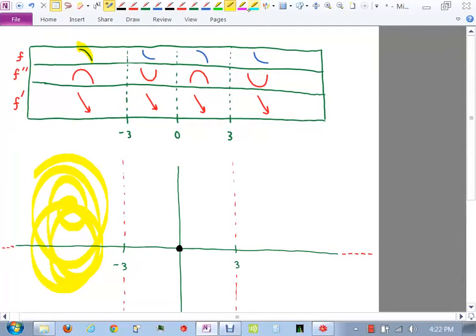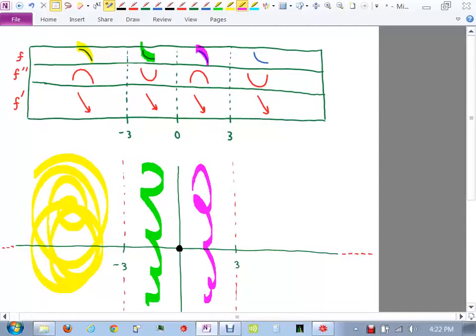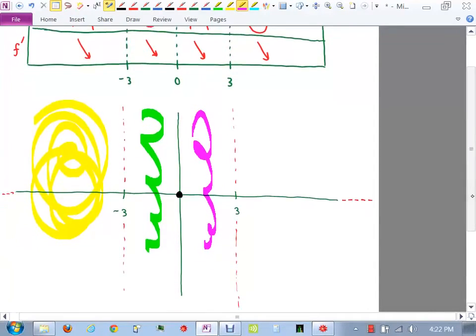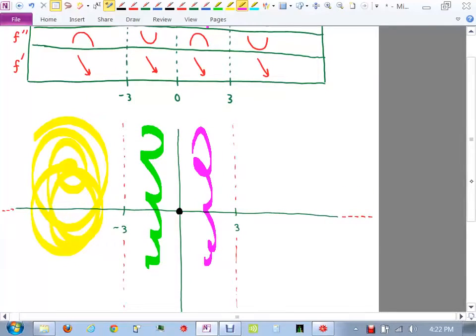And I know in this region here, my graph's got to look like that part of the smile. And I know that in this region here, it's got to look like that part of the frown, right? You get it? What could help guide me to draw the rest of it is by having just one point in each of those regions and plotting them so I know where the function is.